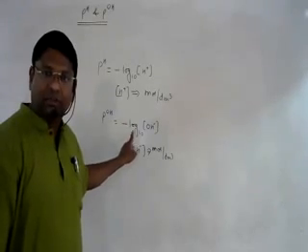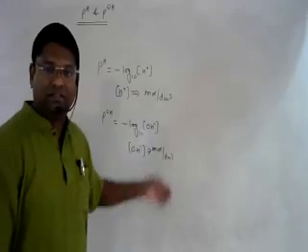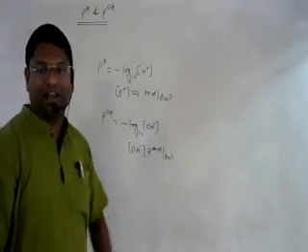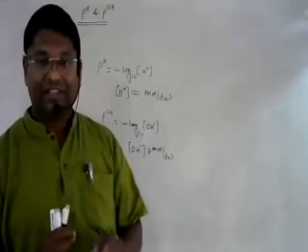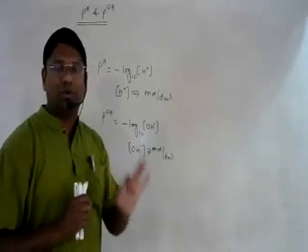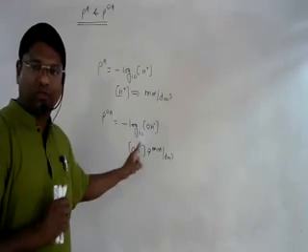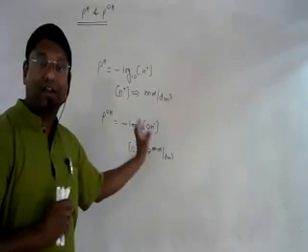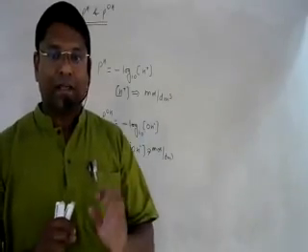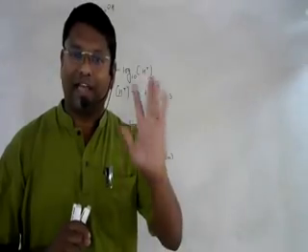Negative logarithm to the base 10 of hydroxyl ion concentration in moles per dm cube is called pOH. Formula: pOH is equal to minus log to the base 10 hydroxyl ion concentration. This is nothing but the note on pH and pOH.